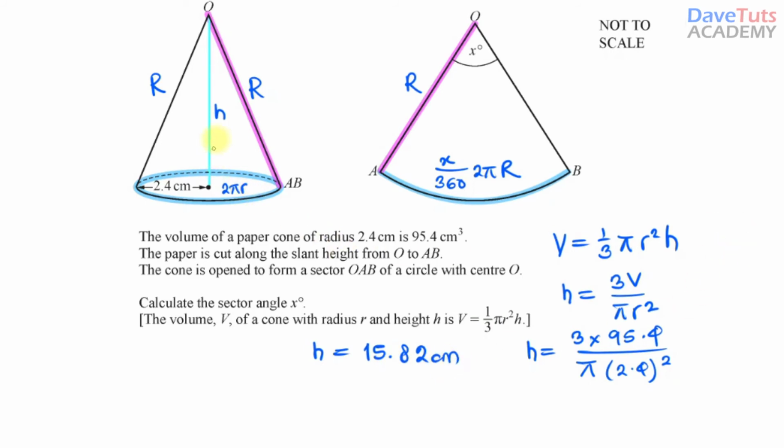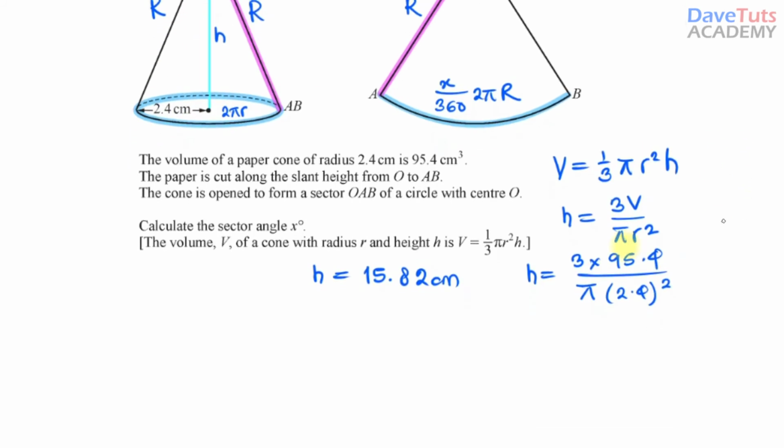Then having gotten that, I can see that from this triangle, h is the vertical side here, 2.4 is here, then R happens to be the hypotenuse of this right angle triangle. So let me just draw that out. We have R here, 2.4 here, and h, which we have gotten to be 15.82, is here.